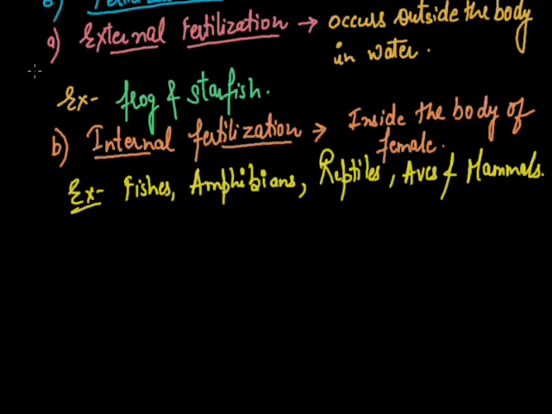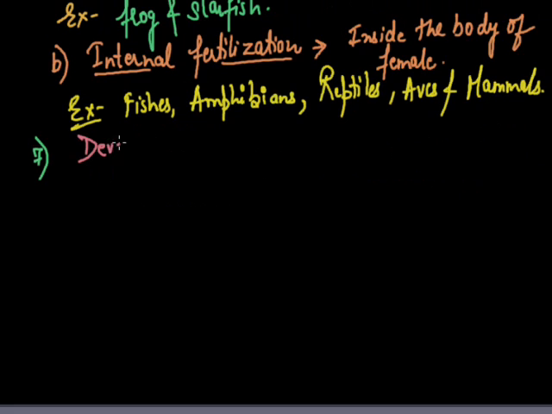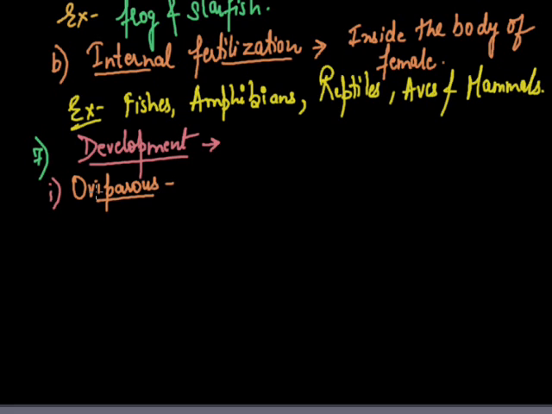The next one is development. After fertilization, how the young one will be developed. In this, first we will discuss the oviparous. As the name suggests, ovi means egg.